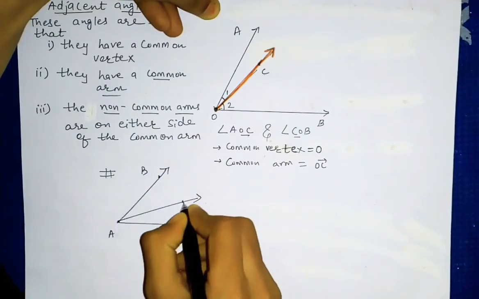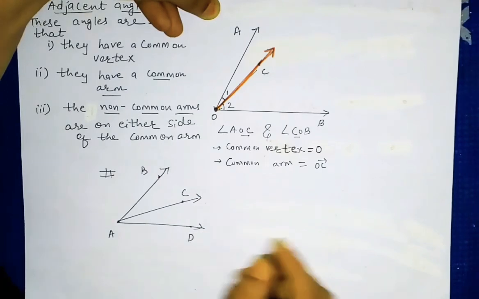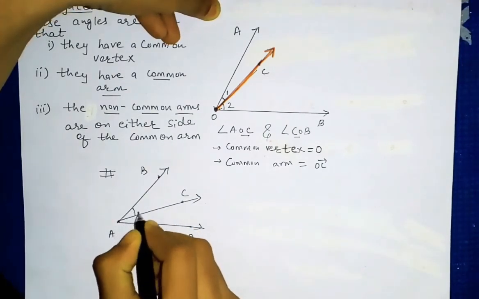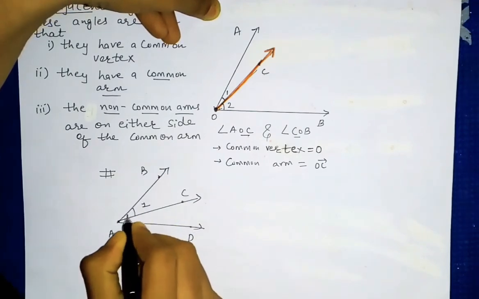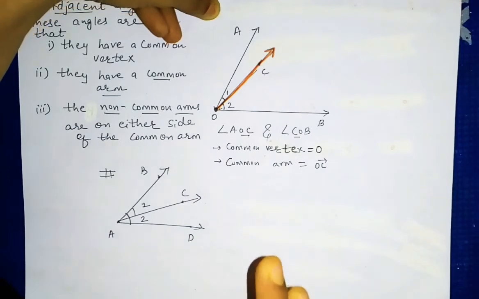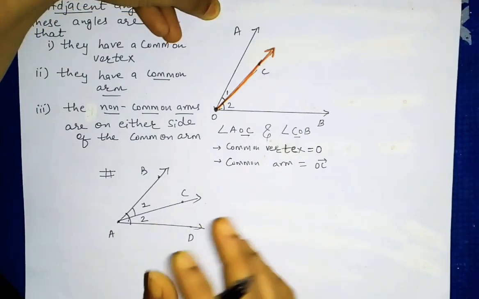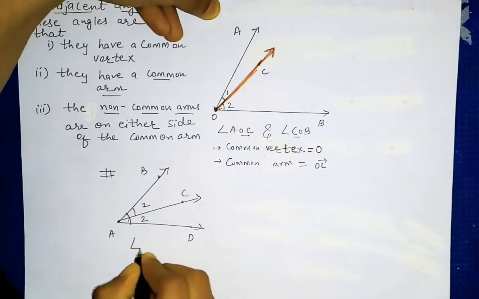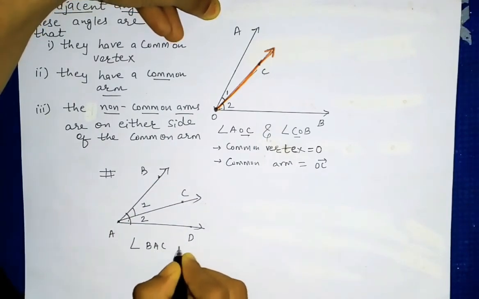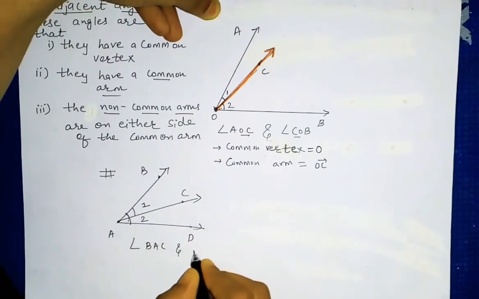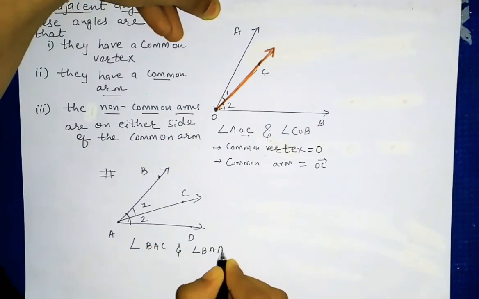Here B, here C, and here D. Suppose this is our first angle, and from here till here this whole part is our second angle. So one angle is BAC, and the second angle is BAD.